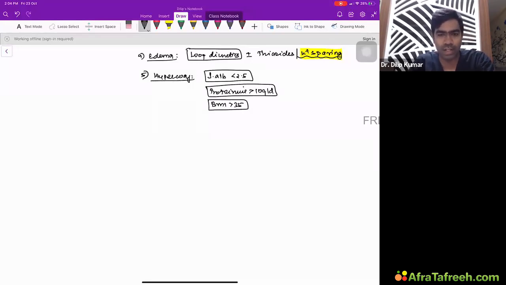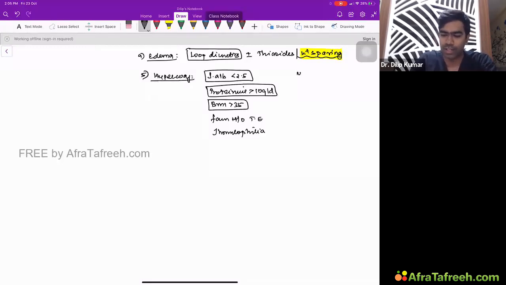And if the patient has a family history of thromboembolism, or has an underlying thrombophilia, like APLA antibodies or factor V Leiden mutation, or the patient already has a background NYHA 3 or 4 heart failure, or prolonged immobilization, due to any reason, more than 3 days, or recent surgery, especially abdominal and orthopedic surgeries.